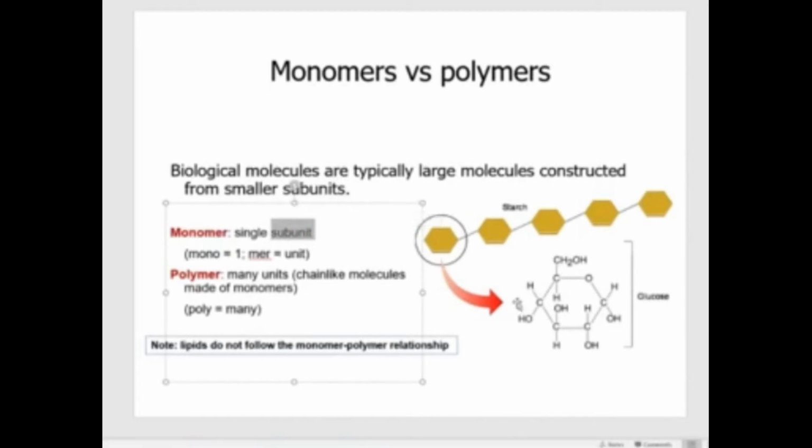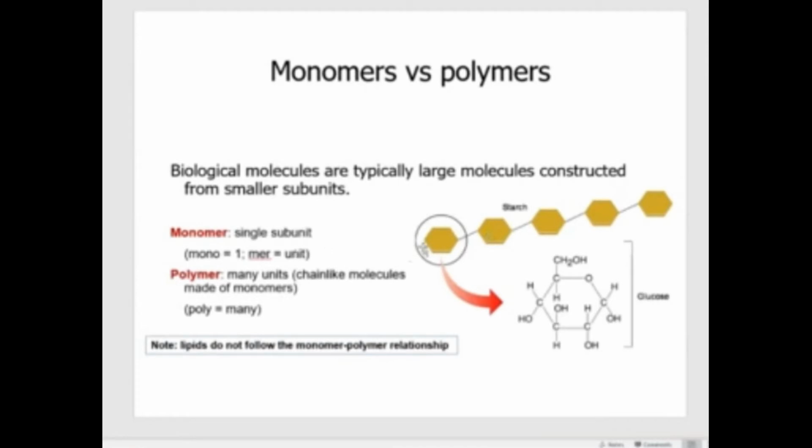So here's a quick example. Starch, I don't know if you guys already know it, but starch is a type of carbohydrate, right? One of my favorite foods contains a lot of starch, and that would be French fries. The starch molecules are actually a lot bigger than this. We're just looking at this very small portion of a starch molecule.